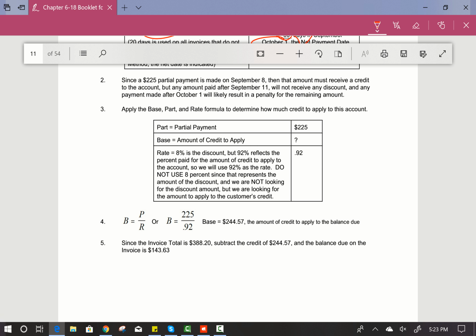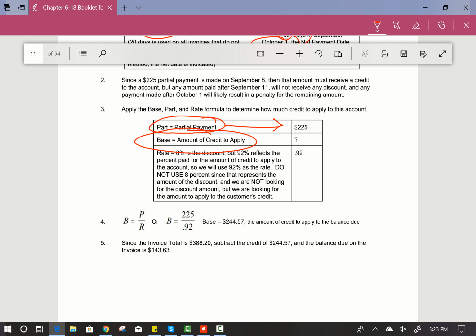Okay, so the partial payment is going to be the part. The base is the amount of credit to apply, which we don't know how much credit we're going to apply yet. And the rate is equal to 8%. 8% is the discount, but the complement of 8% is 92%.